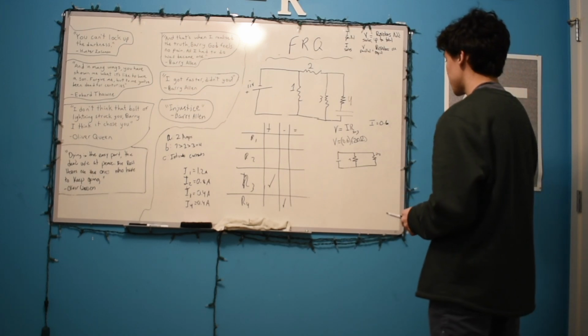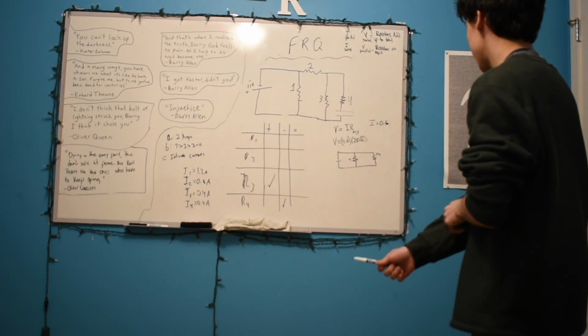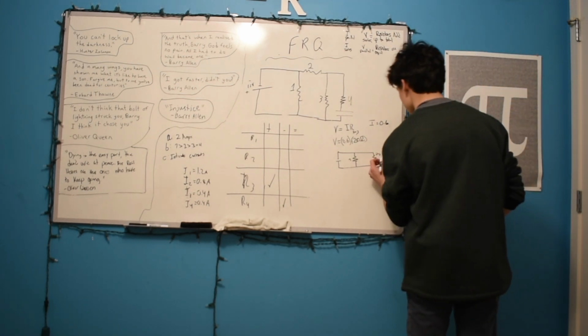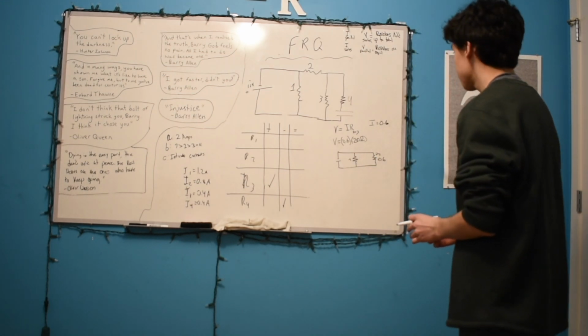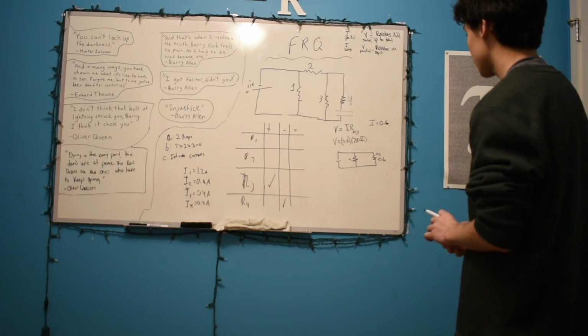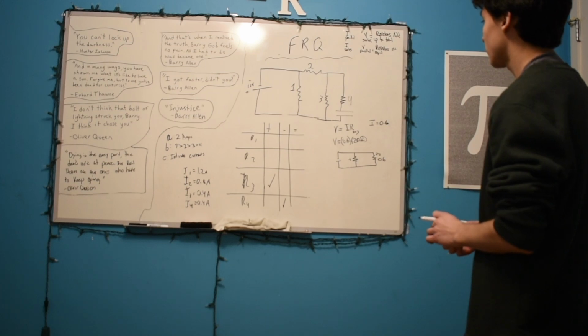Now where were we? So you found the current for which one was that for? 2 and 3 combined. So you can just put the 0.6 next to it. And then you can find the total current too. That's not necessary. You find the current in resistor 2 and resistor 3.